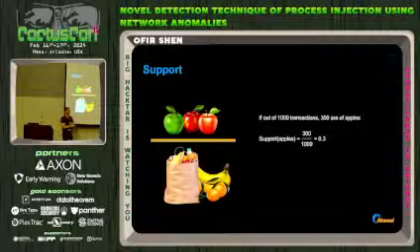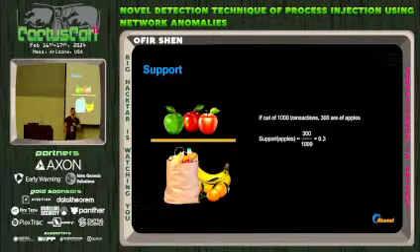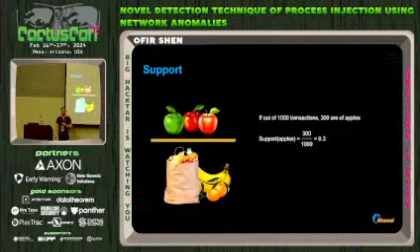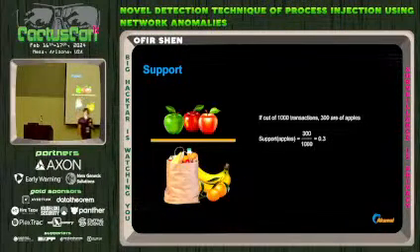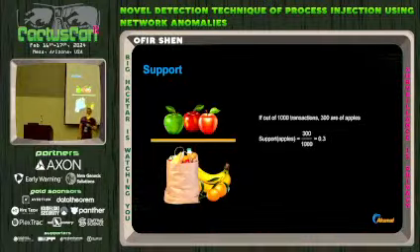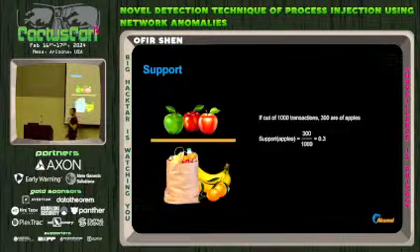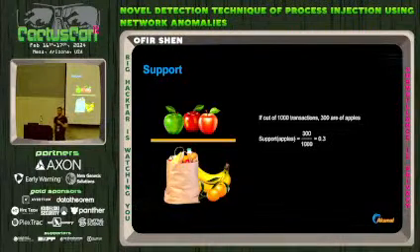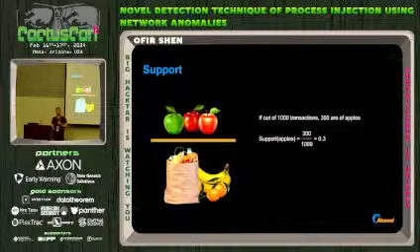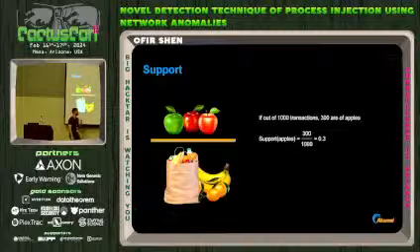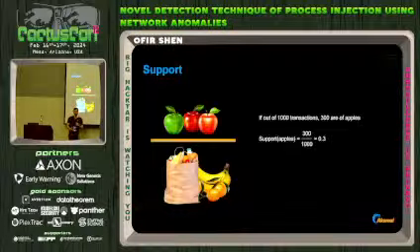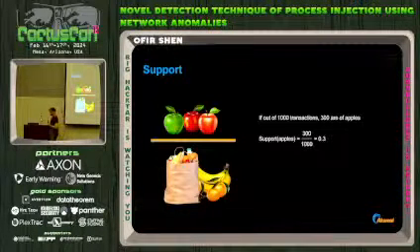So let's take a look at a simple example. So for support, let's say we're a shop, we're a grocery store, and we have a data set of transactions. So out of the 1,000 transactions we have, 300 of them are of apples. So the support of apples in our data is going to be obviously 300 divided by 1,000, which is 0.3.